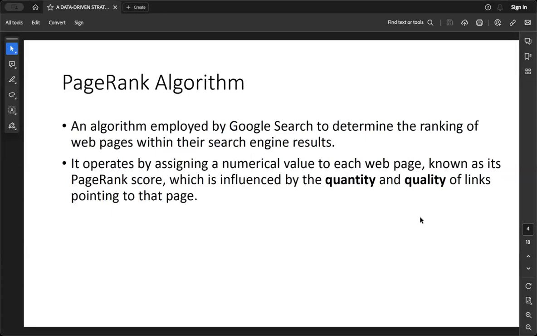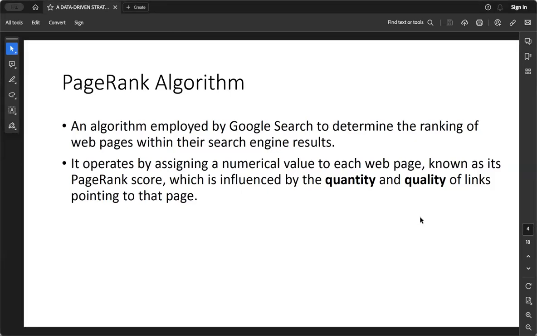Another important aspect of this paper is the concept of PageRank algorithm. So the PageRank algorithm is a very popular algorithm employed by Google search to determine the ranking of web pages within their search engine results.